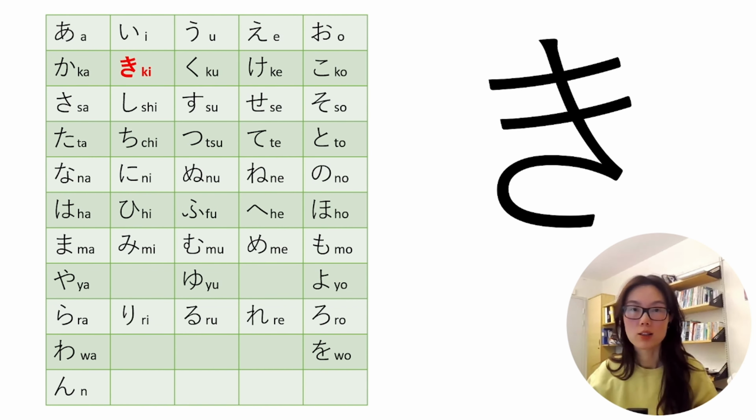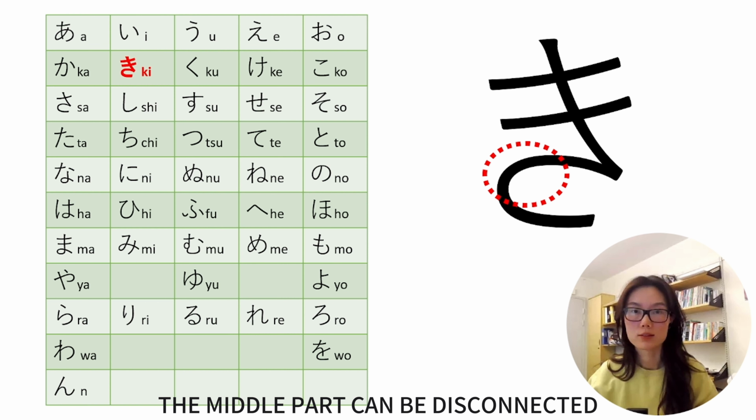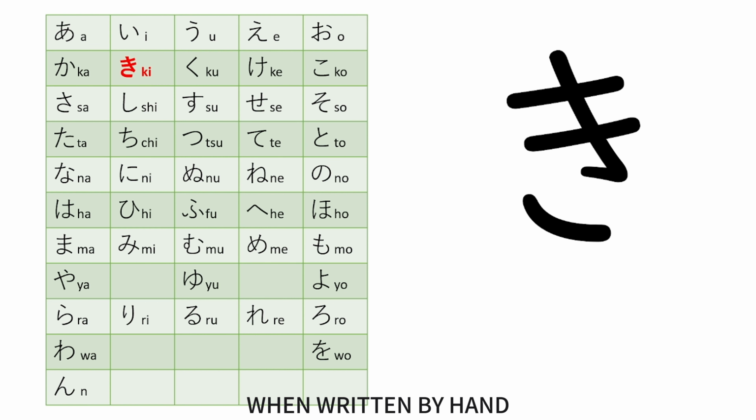Ki, ki, ki. The writing of ki may vary in different fonts. The middle part can be disconnected when written by hand.